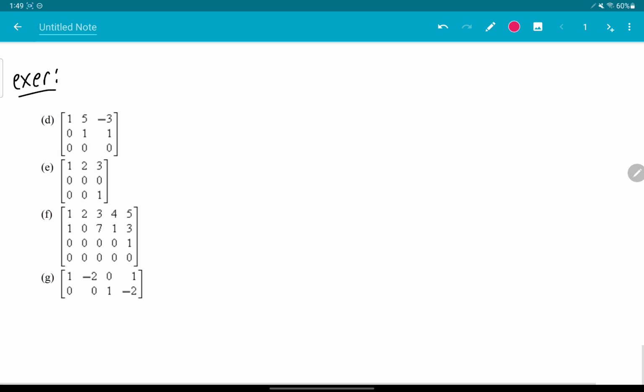All right, so this one is echelon form. You got the staircase. It's not reduced echelon form because of this 5 here. It makes this leading entry not alone in its column. This one is neither. Part E is neither because my zero row, that's a zero row, it's not at the bottom.